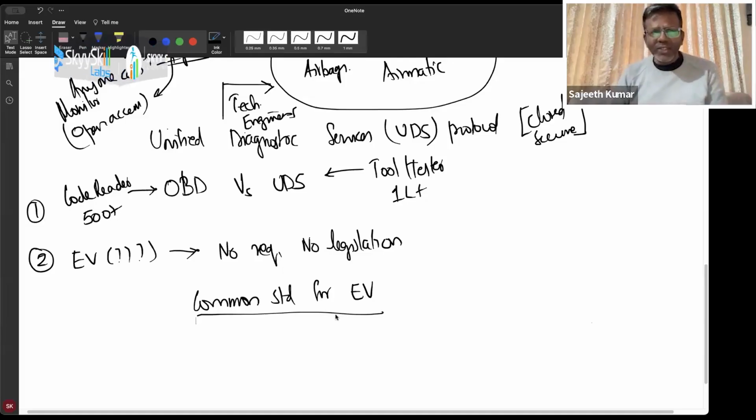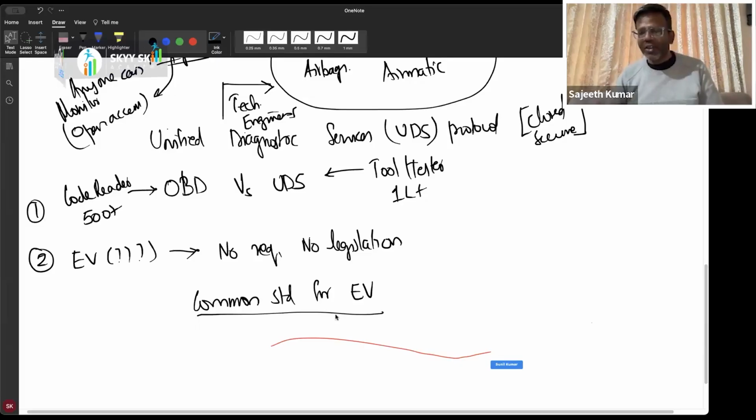So I think this should give you a pretty good idea about why I'm talking about diagnostics in particular. In a nutshell, there are two reasons. The first one is that no diagnostics is mandated for EVs, which means not many people have a UDS stack on the EVs.